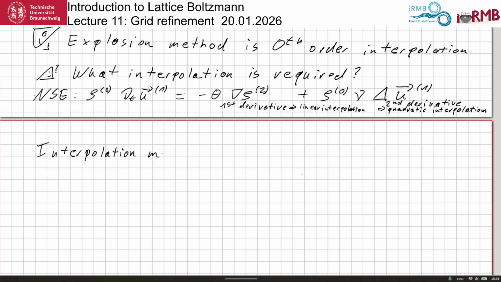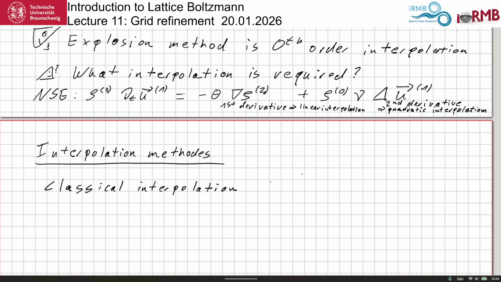Interpolation. So we are still in the 90s. There's a classical interpolation with overlapping grids.